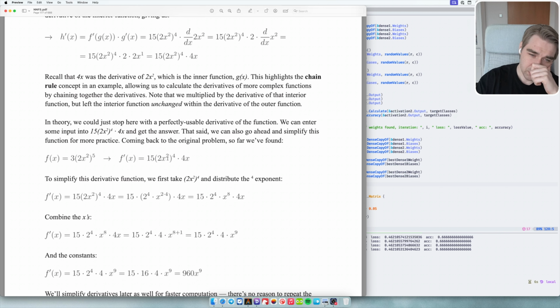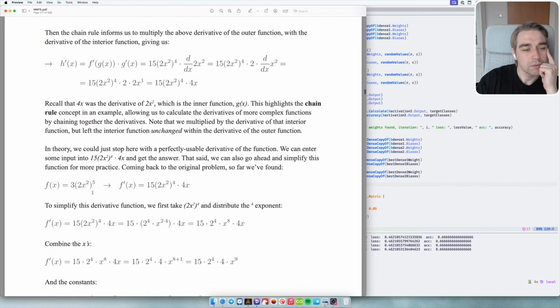So we'd have the simplification of the derivative function.